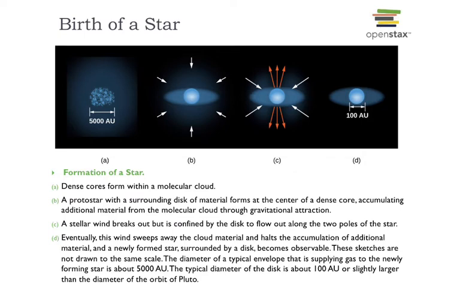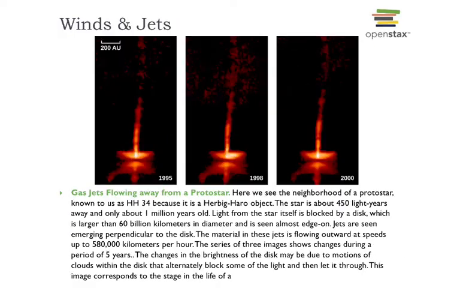So these huge stellar winds, as we see here kind of in image C. And so what we see is these huge gas jet flows of these protostars. So right before the star forms, we see a lot of debris being ejected outwards from the poles.